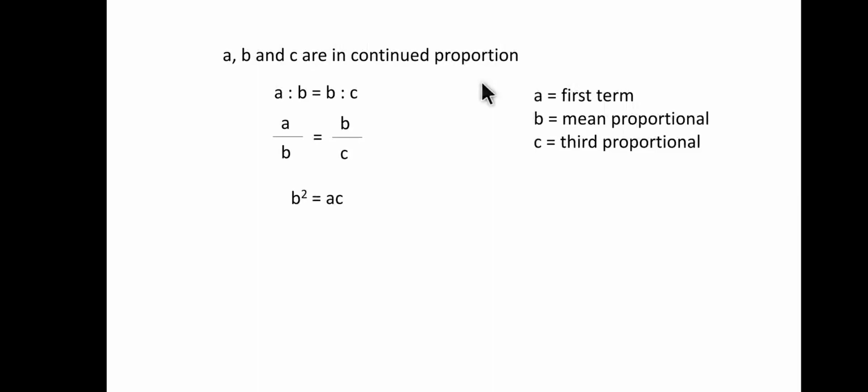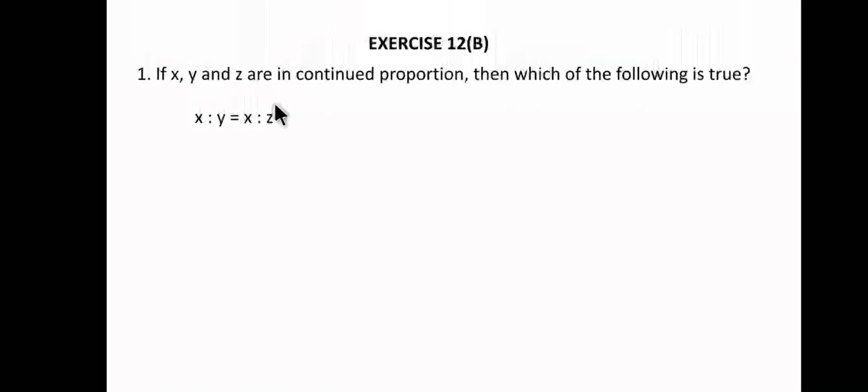Now let's have a look at exercise 12b, where the question is: if x, y and z are in continued proportion, then which of the following is true? The first case I have taken is x is to y equals x is to z. Here we can see that the second term is not repeating.